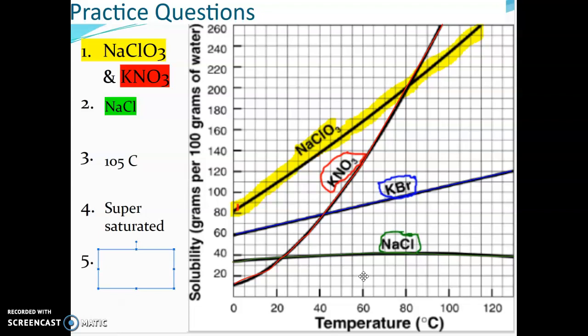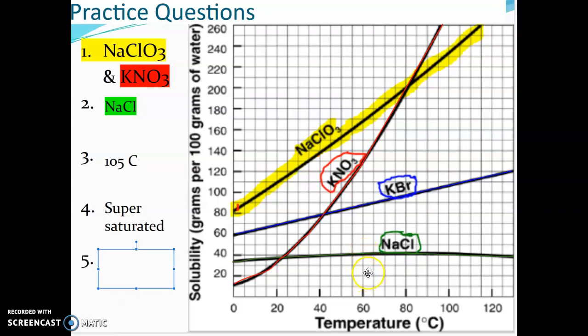The second part of the question says, how much NaCl would you need to add to saturate the solution at this temperature? So we're at 20 grams at 60 degrees, and we have to get up to 40 grams, because with 40 grams at 60 degrees, the solution is saturated.